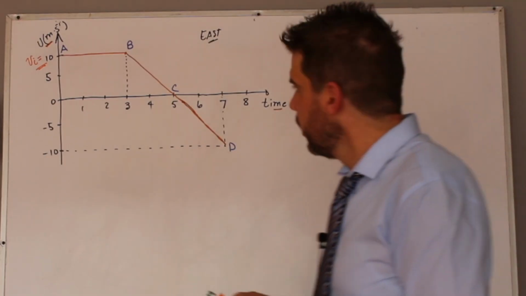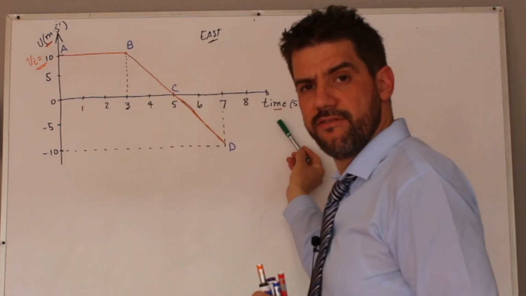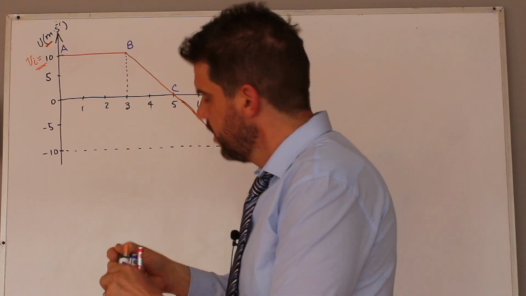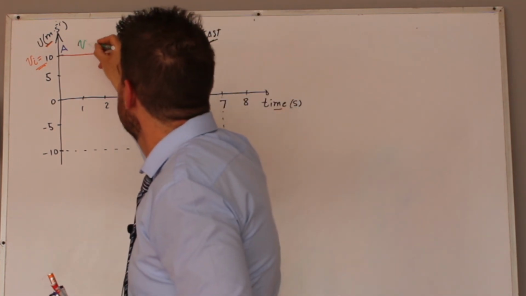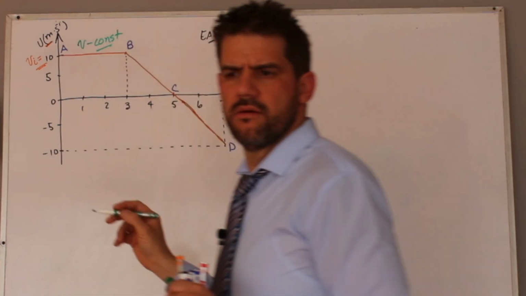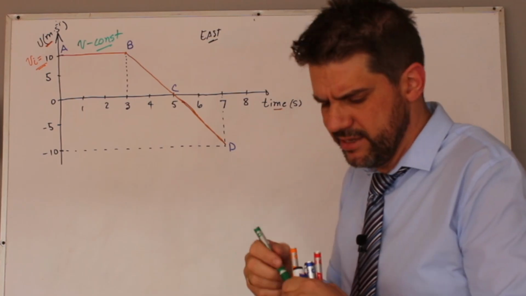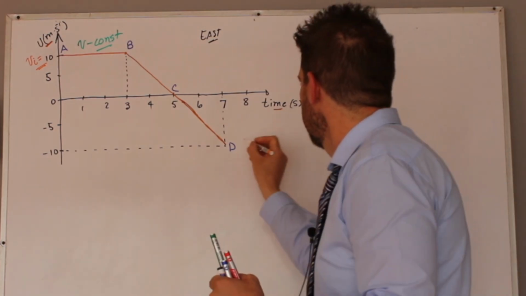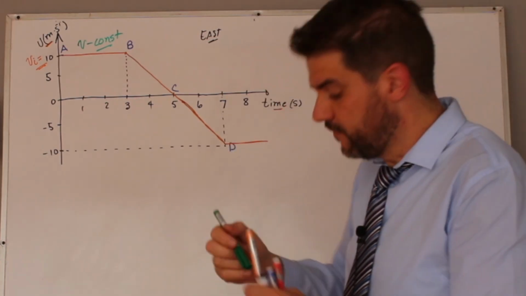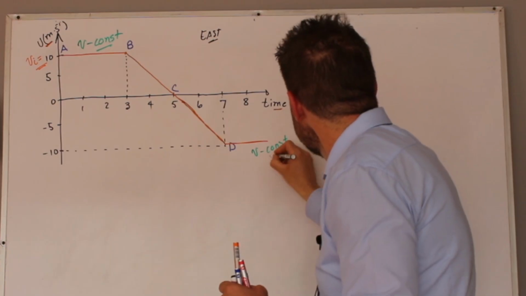Now, whenever you see in a velocity versus time graph that the line is parallel to the x-axis, that means the velocity is constant. So if you see a parallel line, for instance, let's say you have an extended version here, that means the velocity at that point is constant.